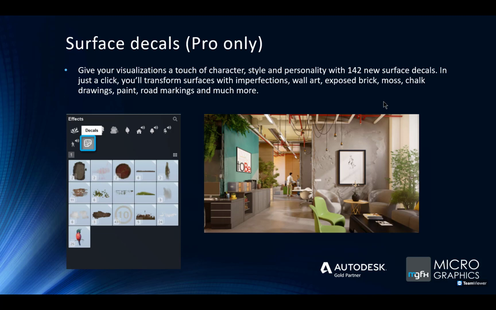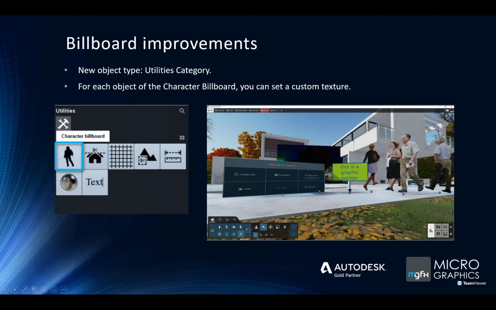I've actually added it to a car, which I'll show, and it just wraps around the car surface, so that's awesome. Even if the shape is curved, it'll also work, which is great. It can be something like exposed brick, moss growing on the brick, chalk drawings, road markings, and it just changes the feel of that surface for us.